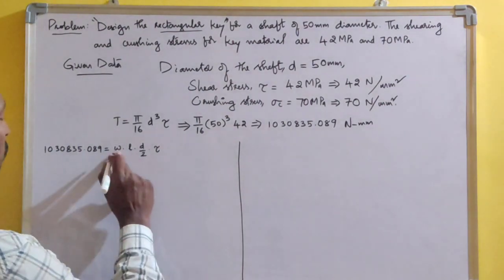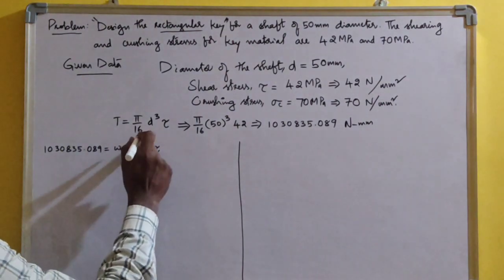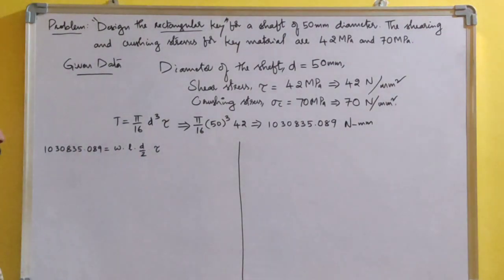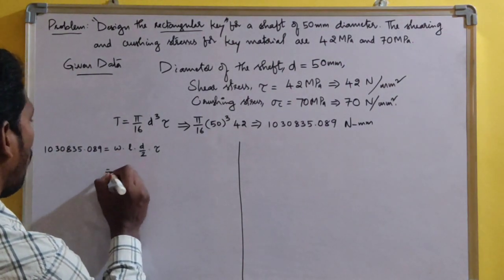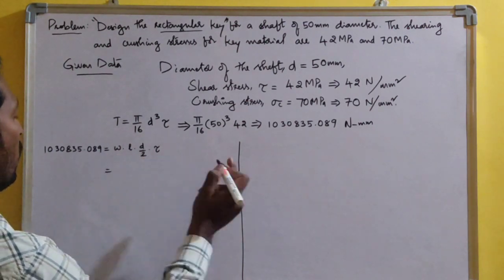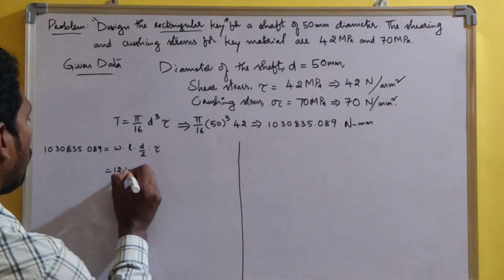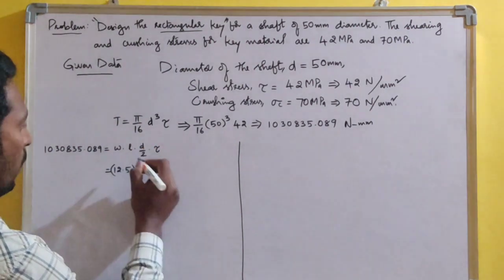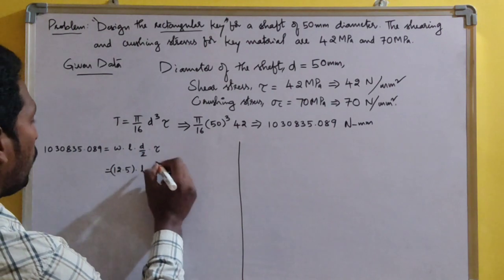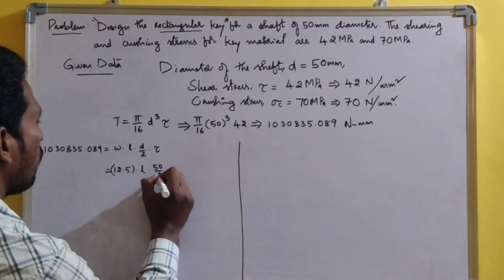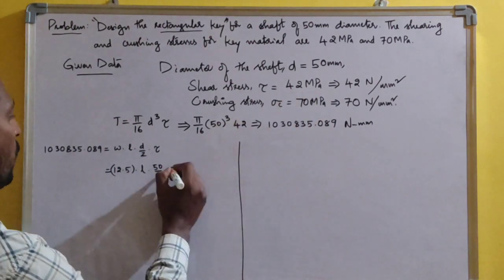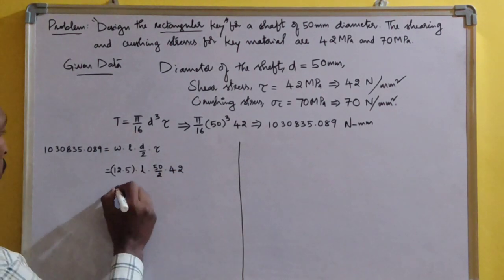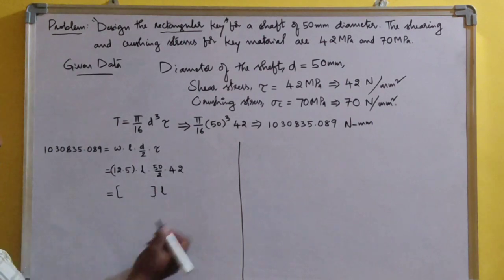As we know the value of w, d and tau, we will find the L value. The w value is 12.5, the length of the key L is unknown, d by 2 is 50 by 2, and tau value is 42.